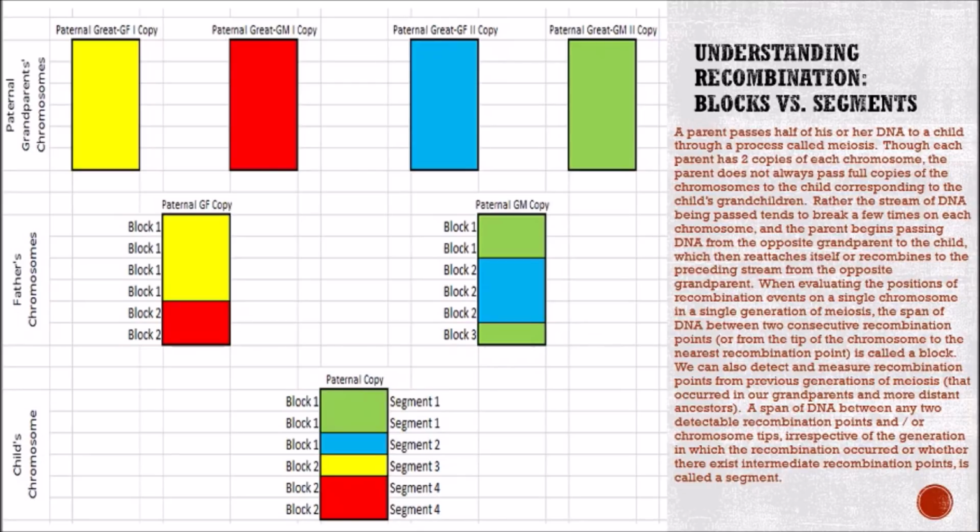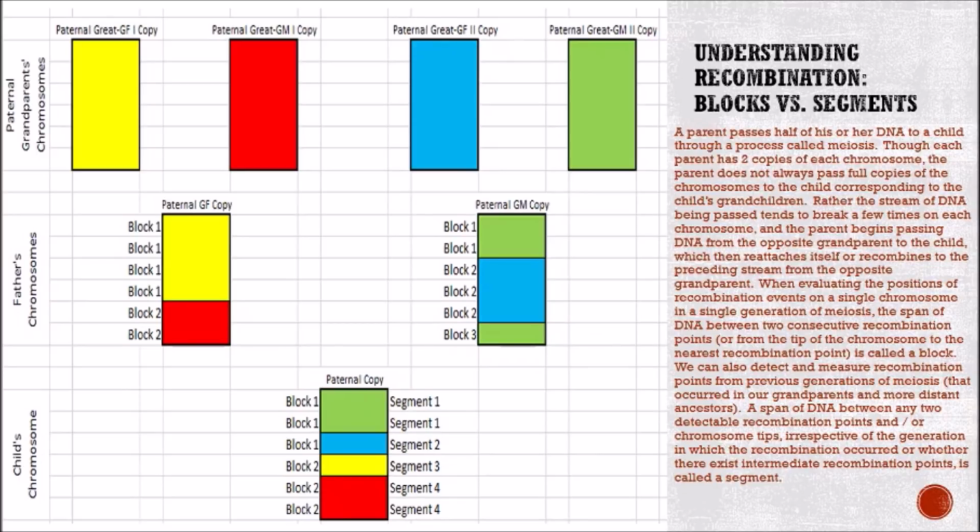The next block is when he switches and the father starts passing down his paternal copy, which is yellow and red. And within that, because the father had 2 blocks, a block division there, a recombination, there's going to be a segment division in the child. There are only 2 blocks, 1 and 2, because the father only recombined once in that generation, but there are going to be a total of 4 segments in the child, corresponding to the 4 colors, the 4 streams of DNA.